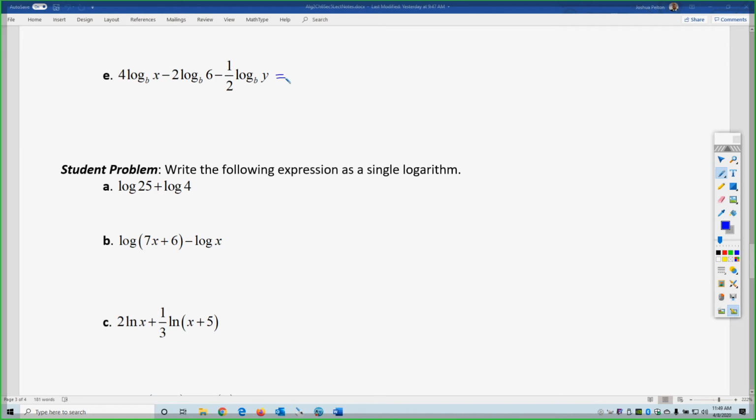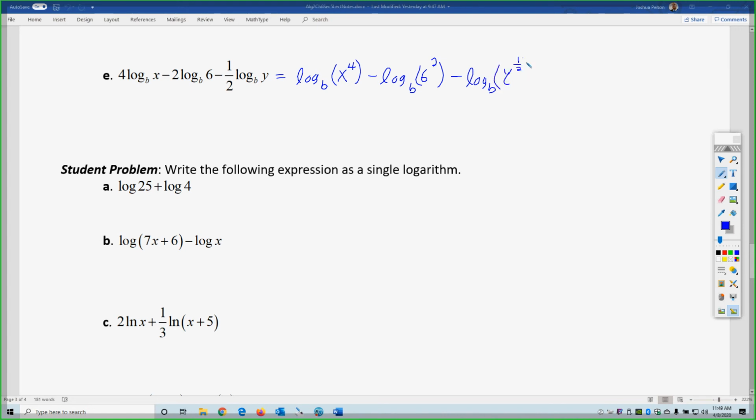So this gives me log base b of x to the 4th minus log base b of 6 squared minus log base b of y to the 1/2. Oh, I messed that up. I got to bring the 1/2 up. I'm sorry.